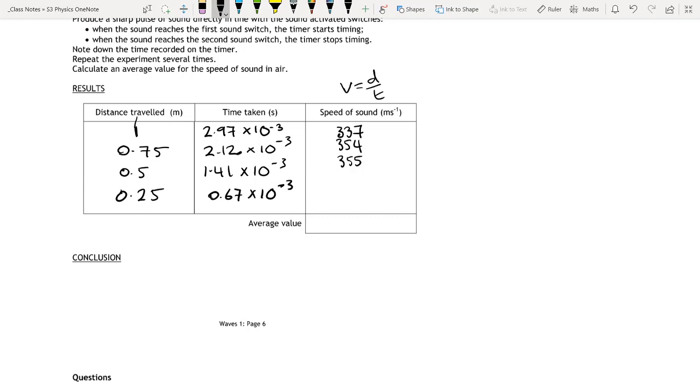Yeah, I think do round it to the nearest whole number. It makes life a bit easier. Your speed of sound, yeah.